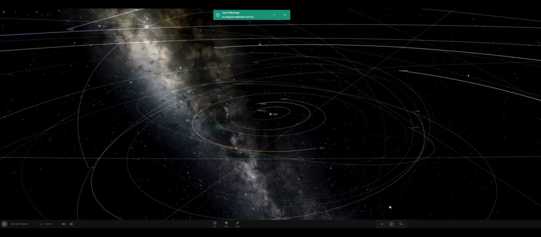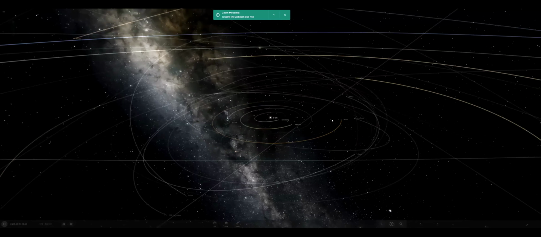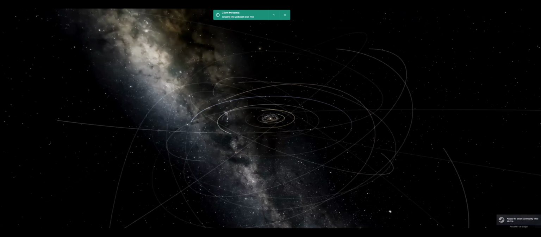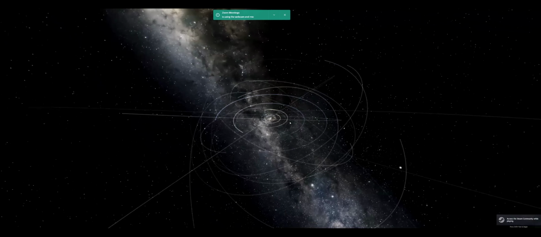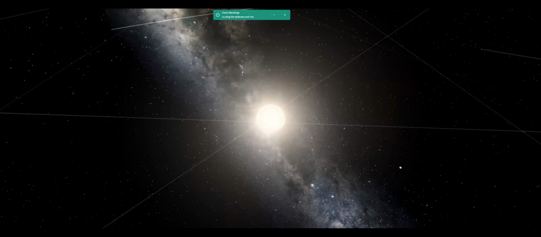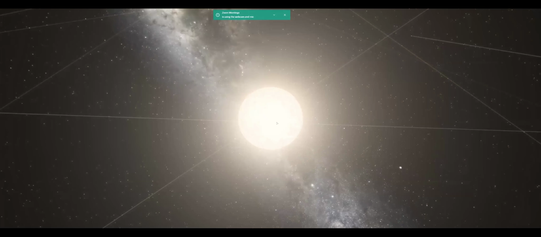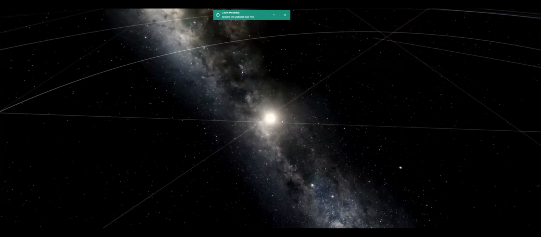This is actually a game. It's called Universe Sandbox. You can actually create your solar system here. And if you can see here, that is our galaxy. You can zoom in, you can check the sun. You can do a lot of interesting things. So that is the sun rotating.